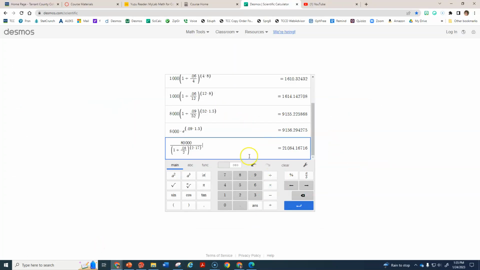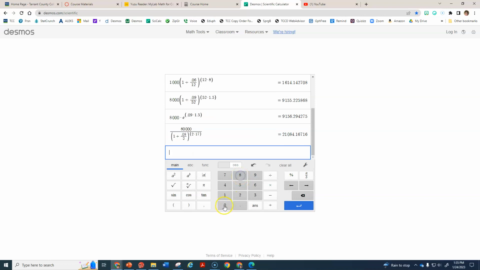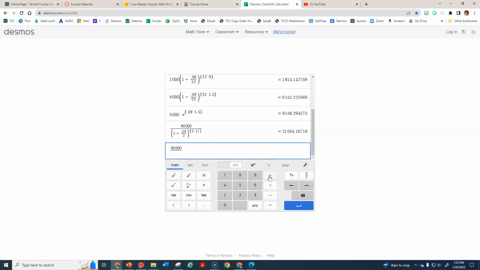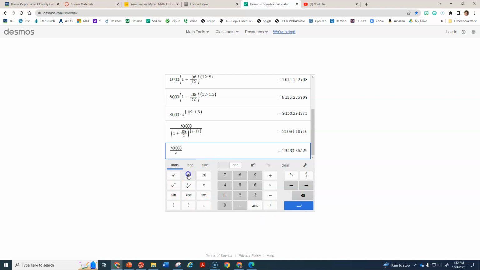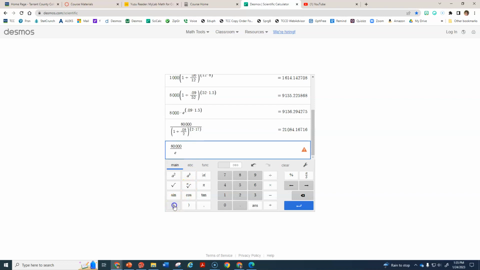We go to Desmos and we're going to type in 80,000. That's going to be on top. And then I'm going to do E. I'm going to raise E to 0.08 times 17.